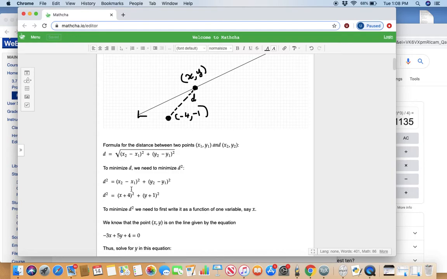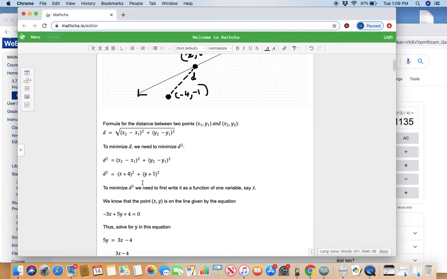I hope it's clear. You see, x2 minus x1, y2 minus y1. So x2 is this guy, x1 is this guy. The negative here and the negative here made it positive. Likewise, the negative here and the negative here made it a positive inside. And now you want to minimize the square function.